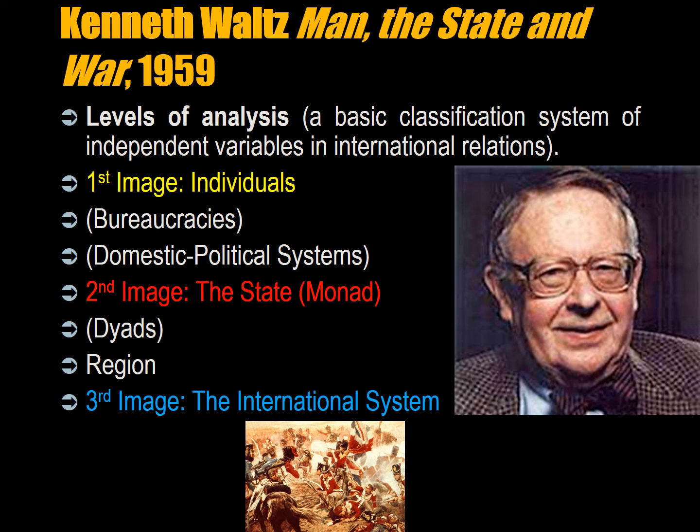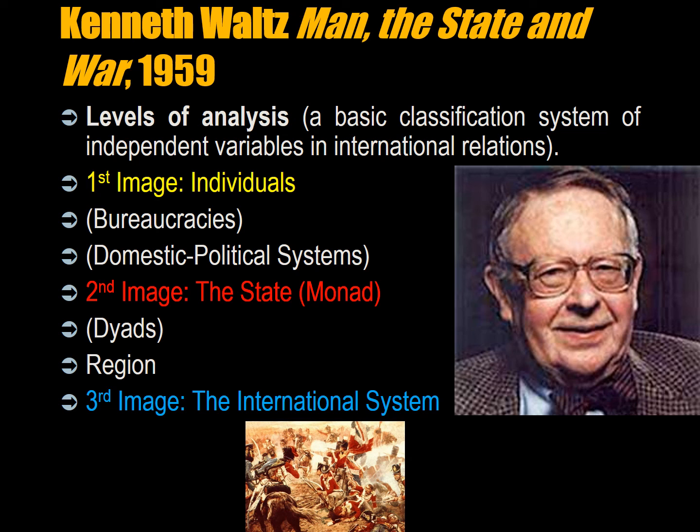Then we drop down to bureaucracies, and below that, domestic political systems. So we can see ever-widening structures involving more and more people. Then we get to the second image, which is the state. What kind of regime does the state have? What kind of structure does it have with its people? We call this the monad, or the individual unit of analysis.